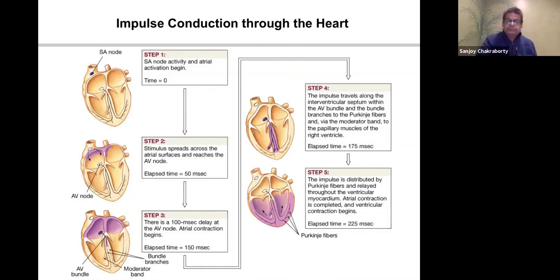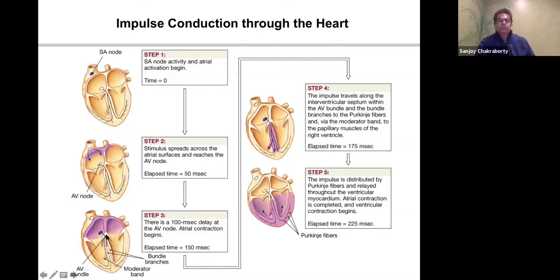Why? Because we know ventricle is a stronger pump than atria. Remember, right after this, ventricle will be depolarized, and once ventricle is depolarized, they are going to contract. When ventricle contracts, the valves are closed. So if the ventricle and atria contract at the same time, the atria contraction will not result in anything.